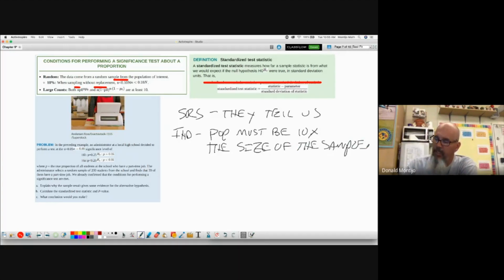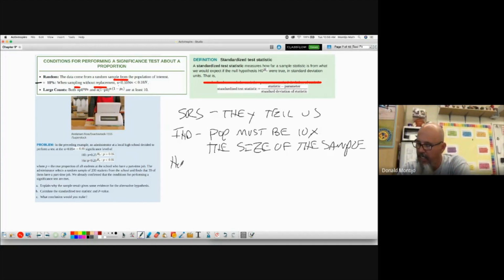And that's what this 10% condition here is saying. n must be less than 0.1 times capital N, where little n is the sample and big N is the population. I like it better in this. The population must be 10 times the size of the sample.